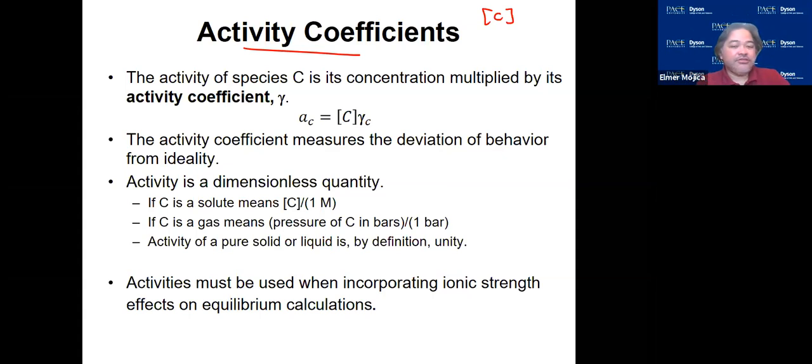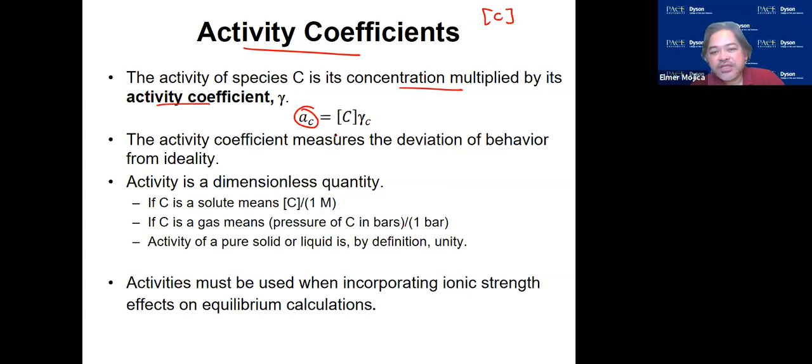So the activity of a species is its concentration multiplied by the activity coefficient. Activity is just activity coefficient times concentration.